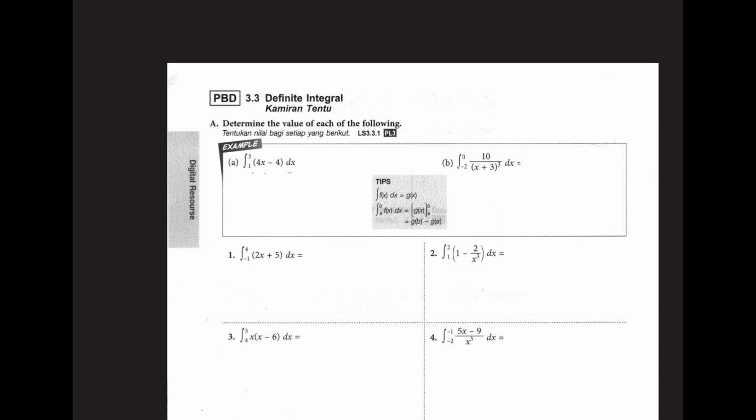Okay, so let us go through the formula first to understand a little bit. You see just now I said the formula of integration. If you have the integration of a, then it becomes ax plus c.